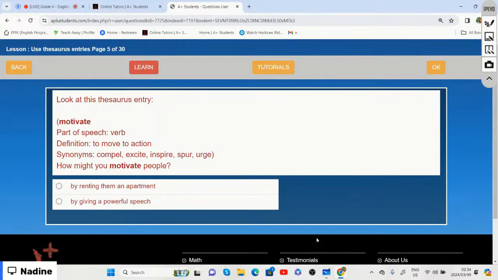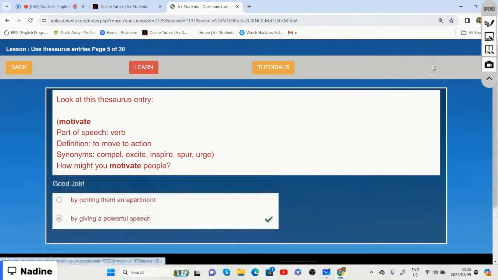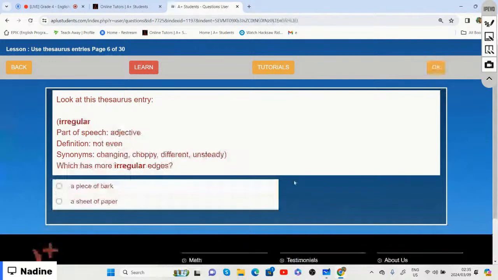Is it by renting them an apartment or by giving a powerful speech? And we said by motivating someone, you can give a powerful speech. All right. So well done.